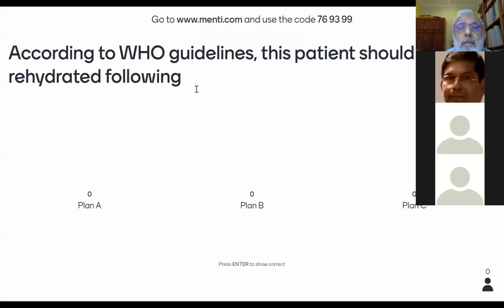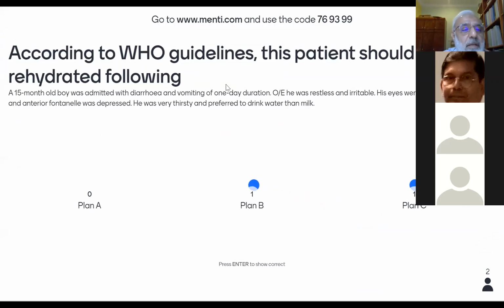You can give the scenario, as you can see here. A 15-month-old boy was admitted with diarrhea and vomiting of 1 day duration. On examination, he was restless and irritable. His eyes were sunken and anterior fontanelle was depressed. He was very thirsty and preferred to drink water rather than milk.